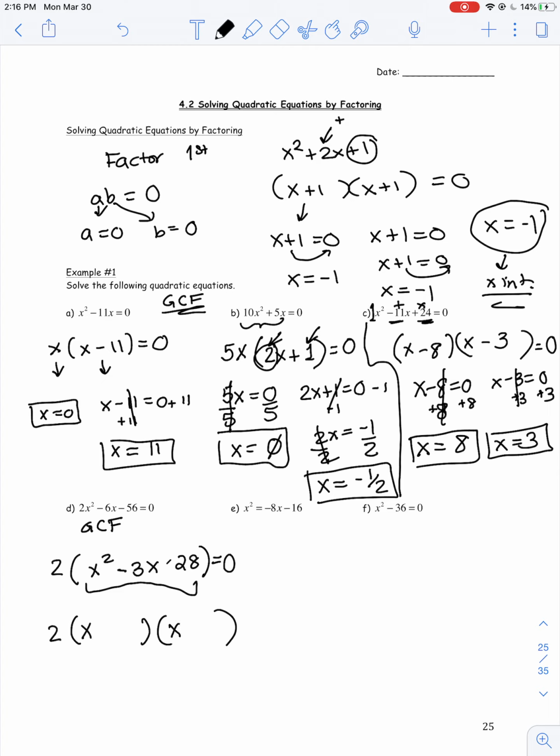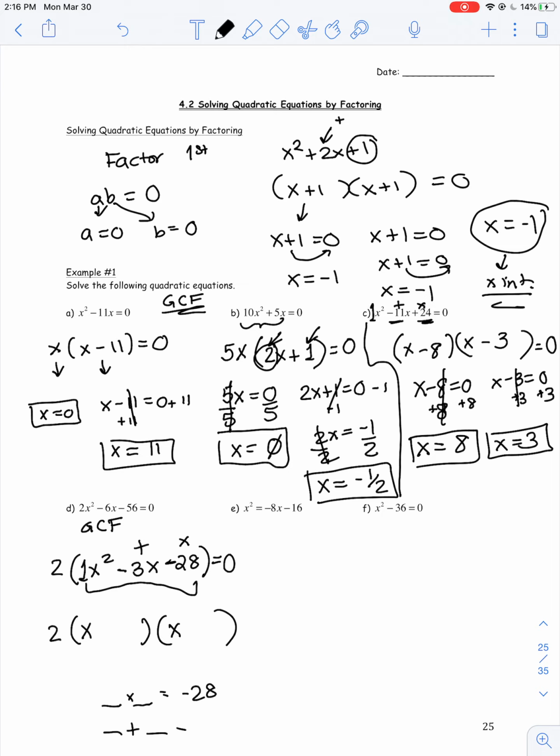The 2 still stays in front, but what you're going to do is say two numbers that multiply to x squared would be x times x, and we have to find the two numbers that multiply to this and add up to the middle, because there is a 1 in front of x squared.